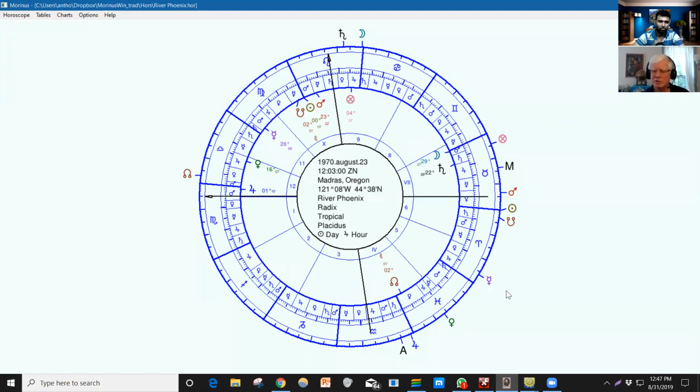You had some trouble, I think, with the time zones. Yeah. Morinus doesn't automatically calculate time zones. You really have to check. What I do is I find the chart first in astro.com, Astro Data Bank. I use that data, I enter it, and I make sure the chart that I get looks like the one on the astro.com site. Okay, good. I think that's a good way to check.